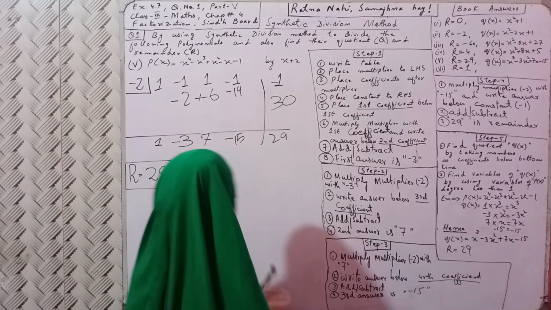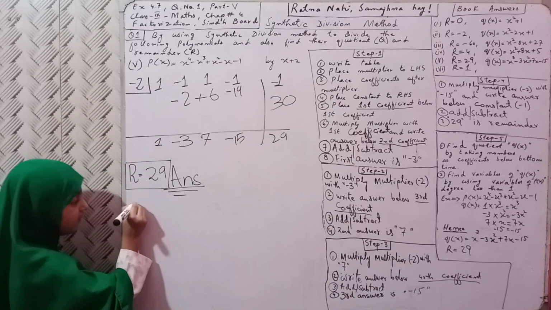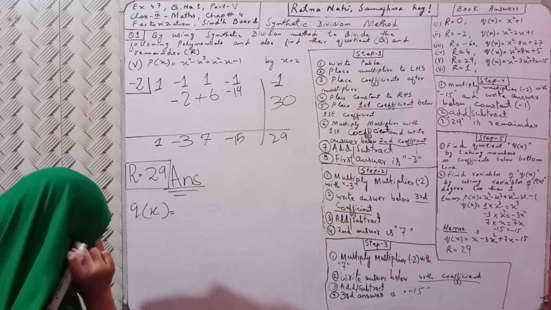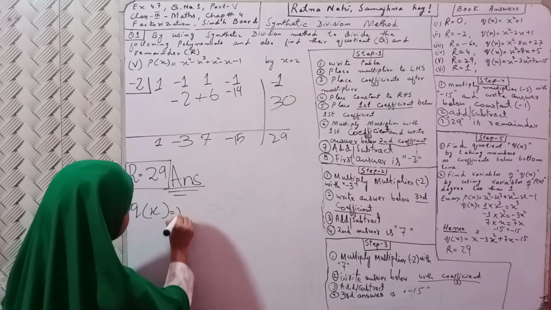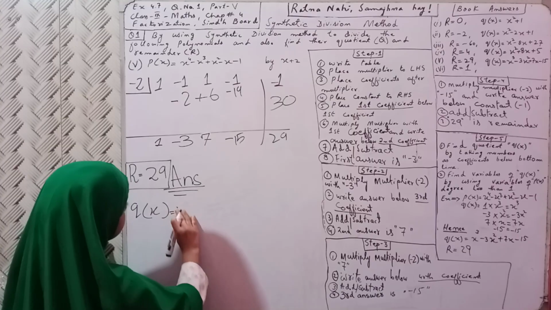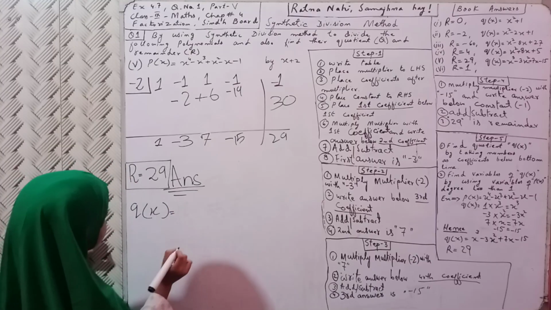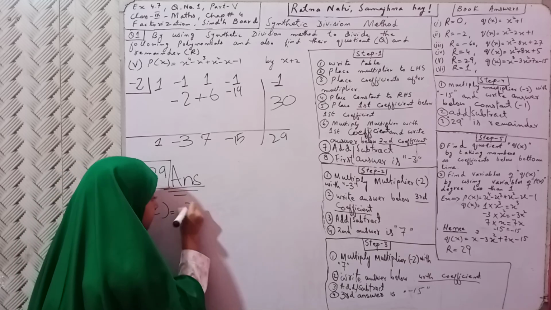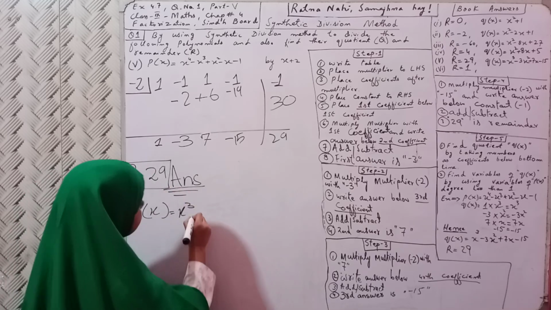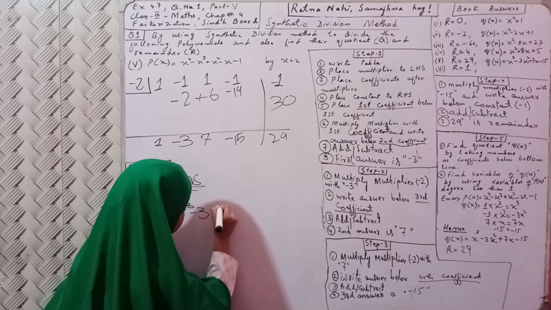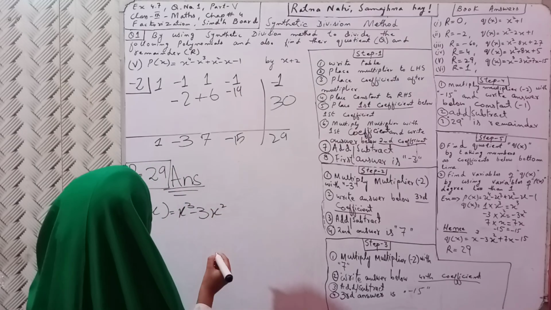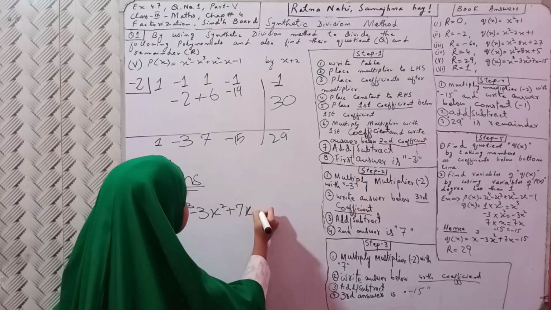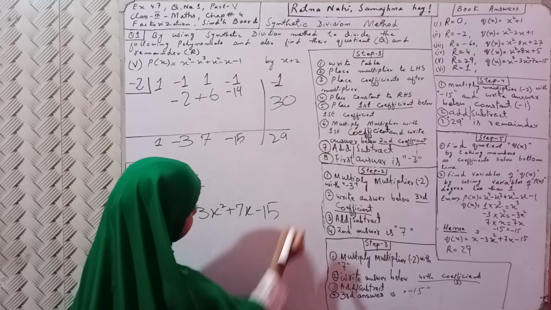Yes, remove it. So here will become q(x) is equal to x cube minus 3x square plus 7x minus 15.